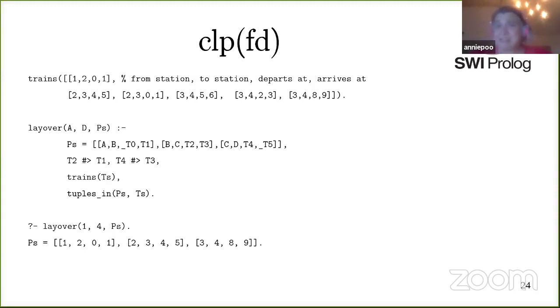Constraint logic programming over finite domains says, well, hang on. What if we allowed saying things like, my mother's height is between 1 meter and 2 meters.